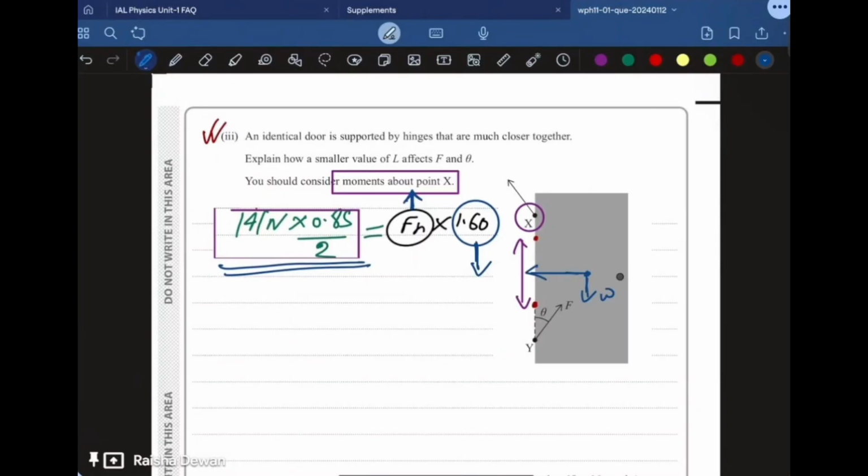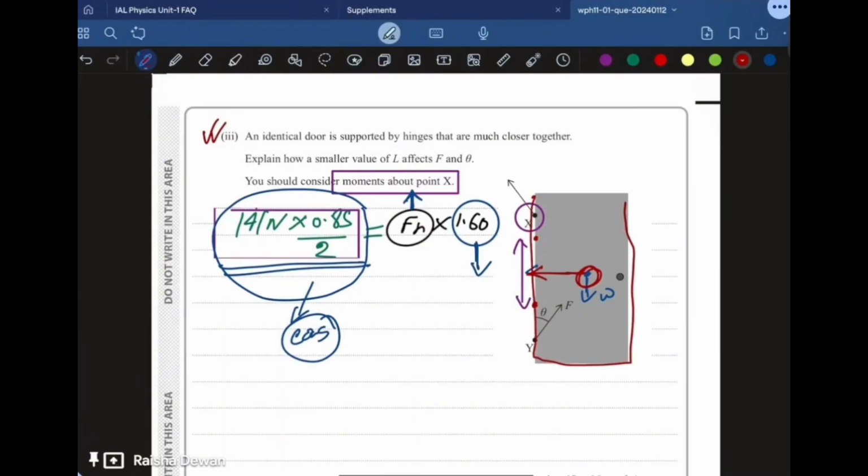The weight is not going to change, so this as a whole is going to be constant, because the moment of this particular part will not change. This is the weight of the door, and the center of gravity from which it is acting will not change as well, because the door itself is not becoming bigger or smaller. The door's size is like this. So that's why it will be constant. As it is constant, if this value decreases, this value will increase. Up to this, I think no issues.